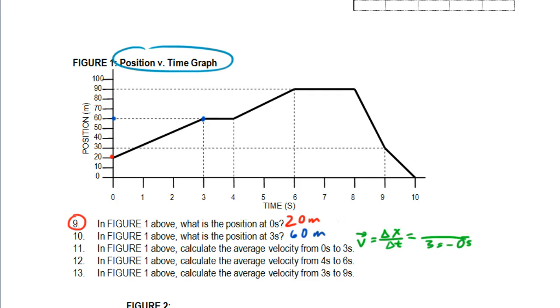Our delta x is going to be 60 meters minus 20 meters. This will give us our answer. 60 minus 20 is 40 meters divided by 3 seconds.